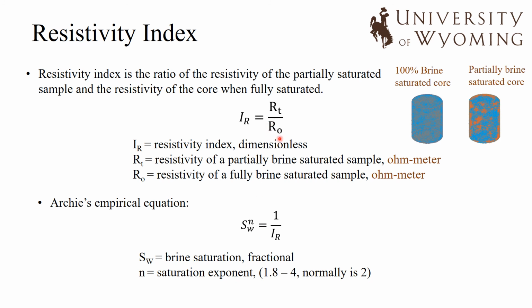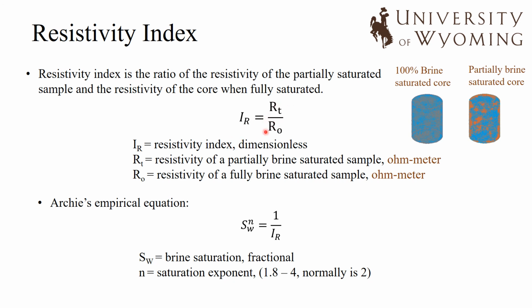So if we estimate R0, then we need Rt. Rt you generally get from logs for the formation that you are interested in. But in the lab, the way we will calculate it is that we will just take some of the brine out of the core and introduce some gas or air into the core, and this way we will estimate Rt.